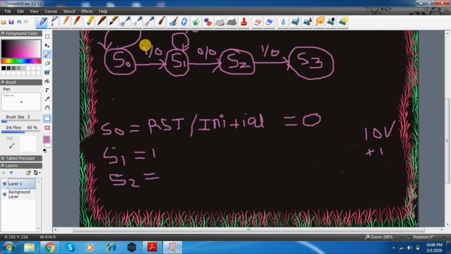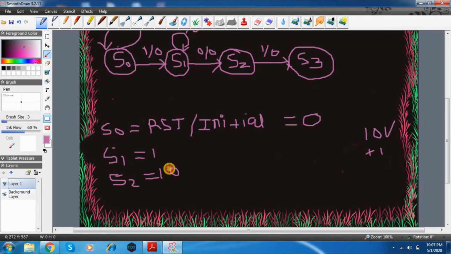Look here: to reach S2, the sequence detected is 1 0. That means it is holding 1 0.